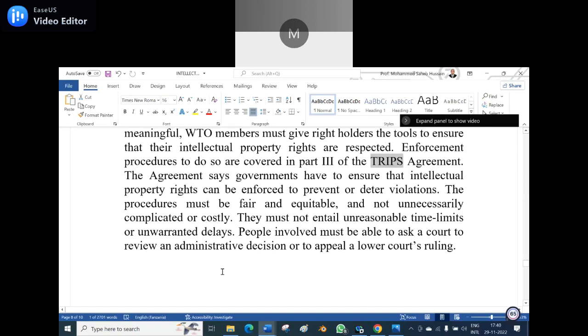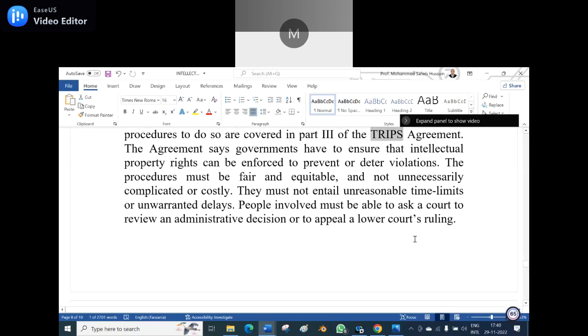People involved must be able to ask a court to review an administrative decision or to appeal a lower court's ruling. So if the enforcement machinery is not there, then whatever rights are given to you are a waste.